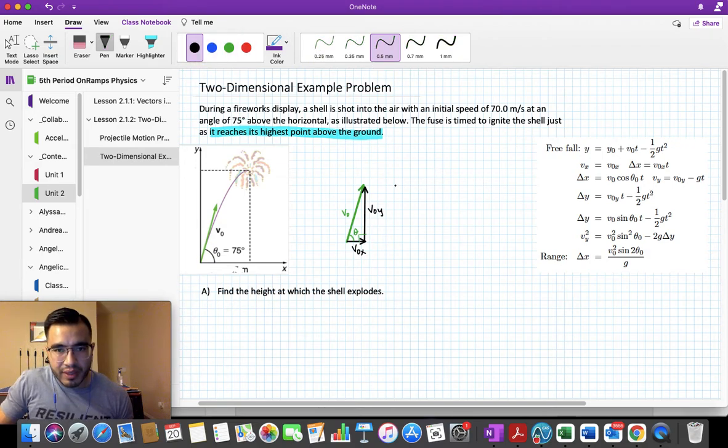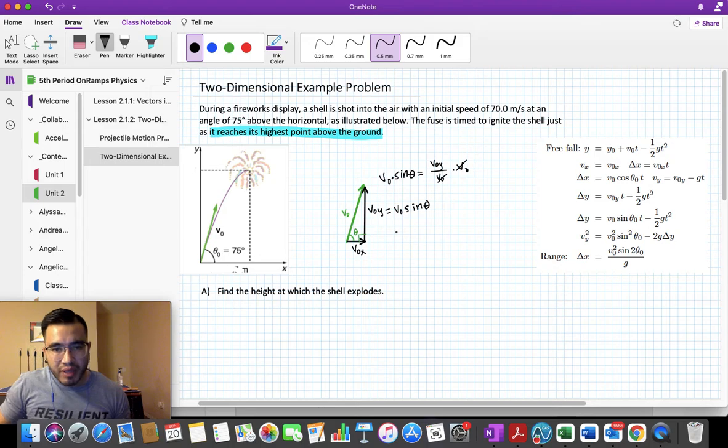So it'll read like this: sine of theta is equal to opposite, v naught y, divided by v naught. We're trying to solve for v naught y, so I will multiply times v naught, the initial velocity. And we have that v naught y equals v naught times the sine of theta based on trig.